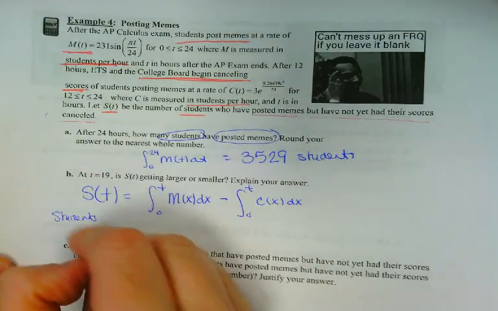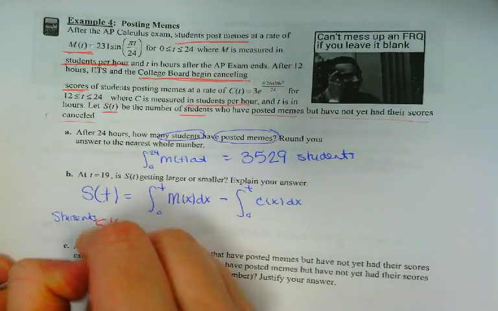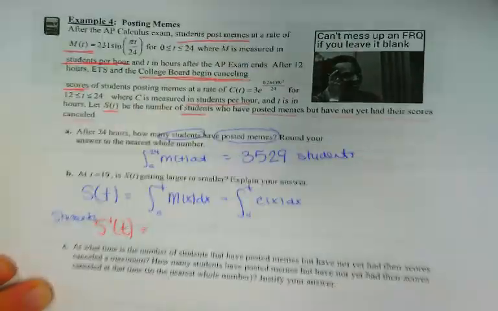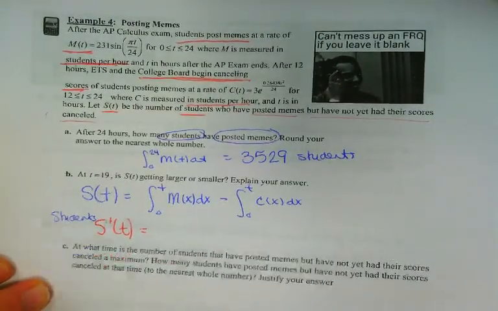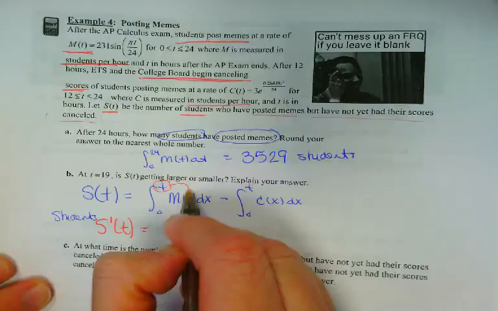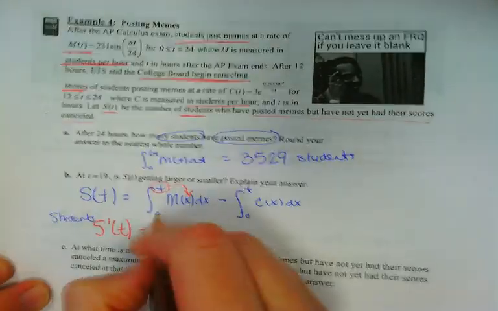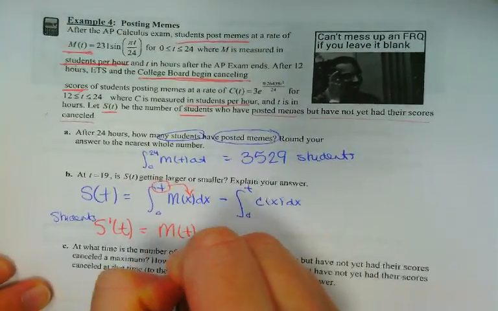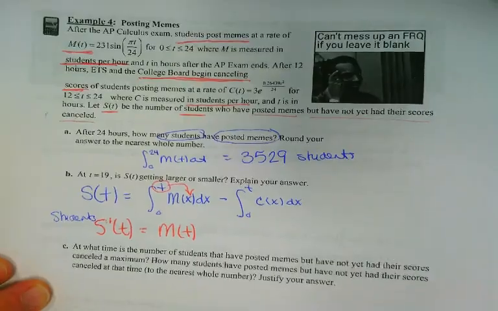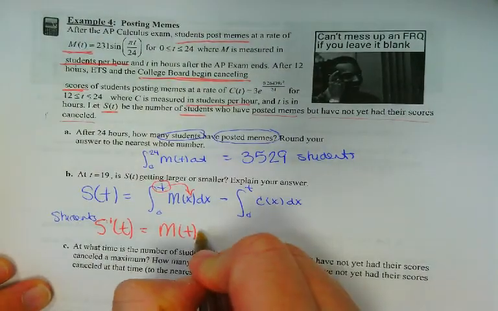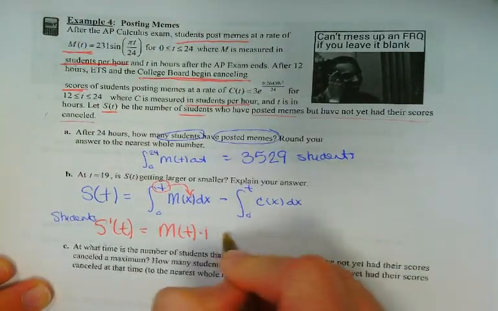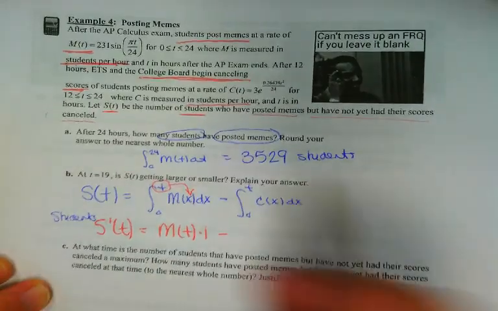So I have to take this guy's derivative. Now we need to go to the idea of that second fundamental theorem, where we take the derivative of an integral. The derivative of the integral rule just takes the upper bound and plugs it in. So I'm going to get m of t, times the derivative of the upper bound, which happens to be 1 in this case. Then I have minus the derivative of an integral.